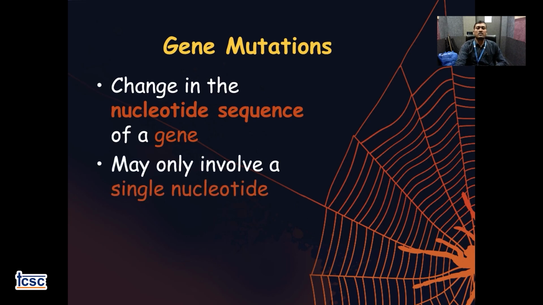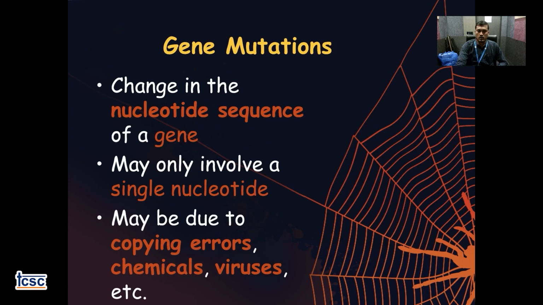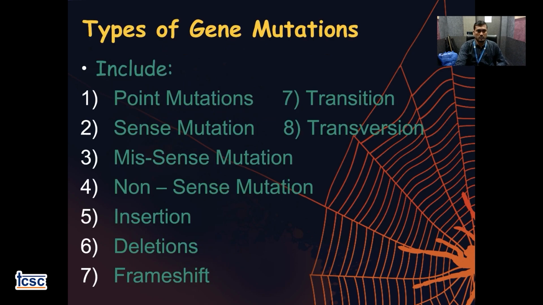It may be only a single nucleotide, meaning due to some kind of defect that single nucleotide will get changed, or maybe more than one nucleotide also. Right? So you can see here, due to copying errors, meaning at the time of replication, due to contact with chemicals, or due to contact with viruses, that particular individual will suffer from different kinds of mutations.